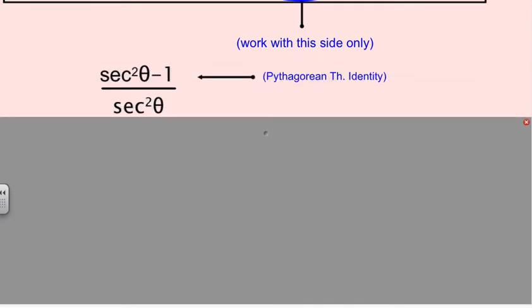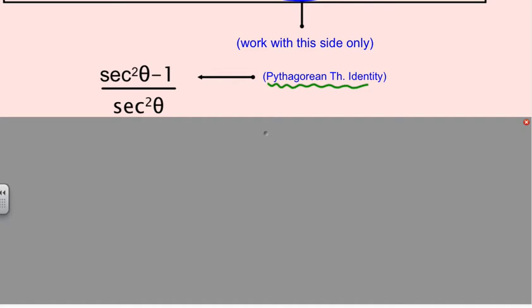All right, and now I'm just going to take that left-hand side and manipulate it. I'm going to use my fundamental identities sheet, my gold sheet, and see if I can find an identity that I can replace. If you notice here, I identified one of the Pythagorean identities, secant squared of theta minus 1. So maybe go ahead and look at your identity sheet and see if you can find that.